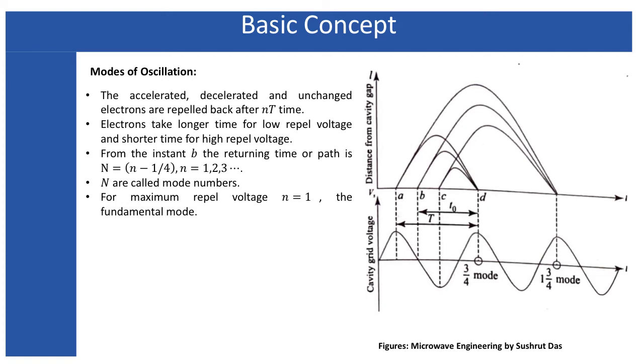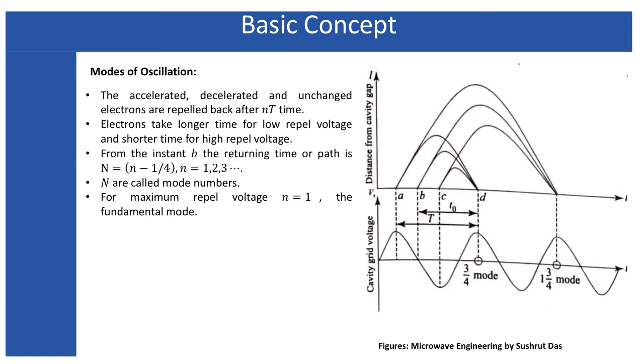So in this way we define mode over here, because in our calculation we prefer to use the time instant when the electrons with unchanged velocity leave the cavity. However, the phase we do consider for the electrons when they get accelerated and are leaving, that means this time instant A. So that is why we are considering the total T.